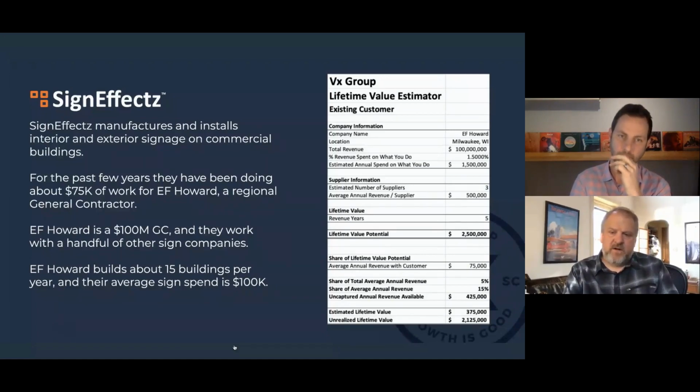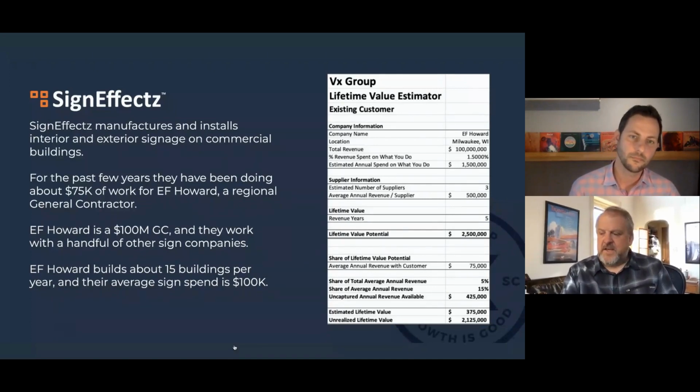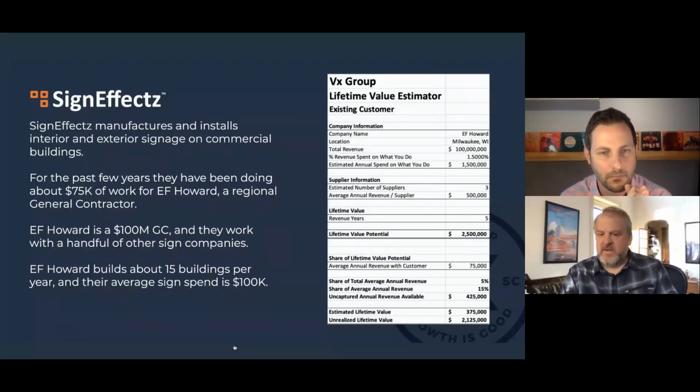If we go down to what are we actually doing, we're getting about $75,000 a year from them. So $75,000 of $500,000 in potential is about 15%. So that's that second number down. So the share of average annual revenue, we're getting 15% of what we could be getting, and we're leaving 85% on the table.